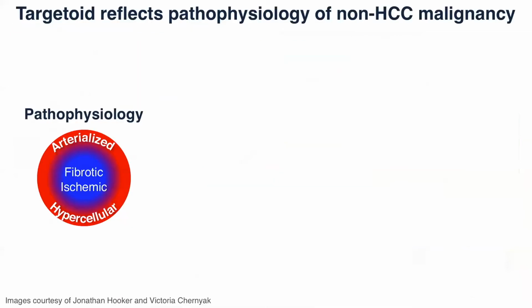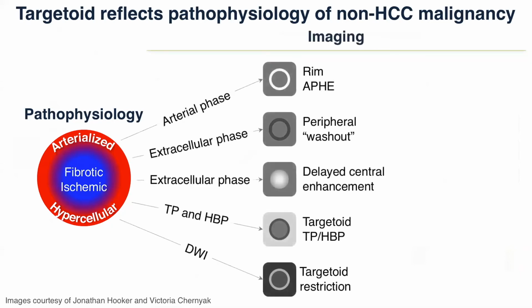Okay. Now, why does targetoid suggest non-HCC malignancy? Because non-HCC malignancies, such as cholangiocarcinomas, tend to be arterialized and hypercellular on the outside, and they tend to be fibrotic and ischemic in the center. So if something is arterialized on the outside, it tends to have rim APHE.